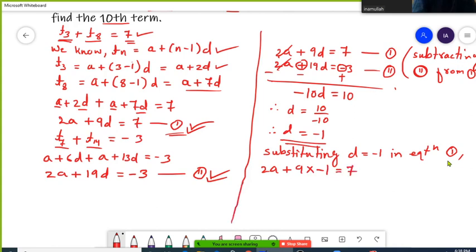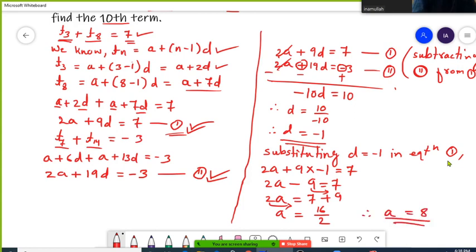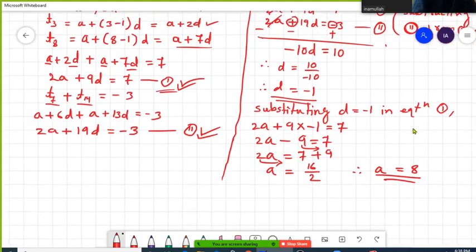So this will become 2A, minus 9, is 7. So 7 plus 9. I am sending this 9 to the right hand side, keeping A in its place. It will give you 16, 9 plus 7. And this 2 is multiplying. When you send it to the other side, it will divide. So A is 8.